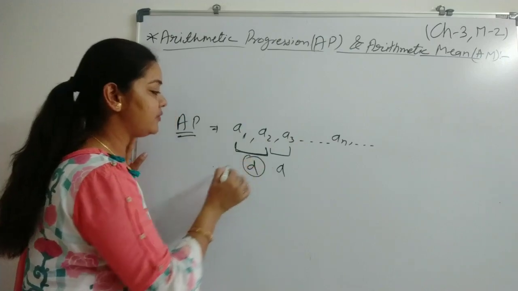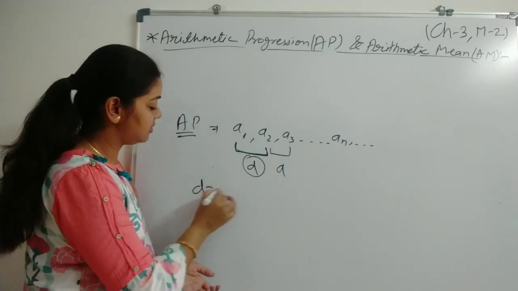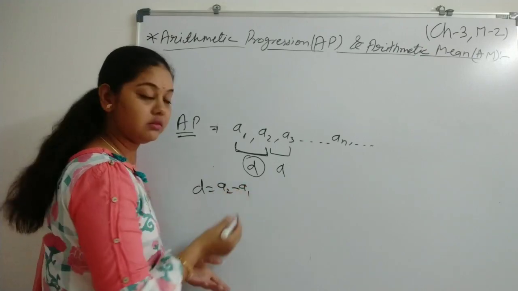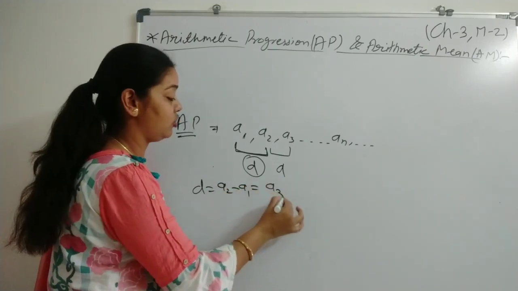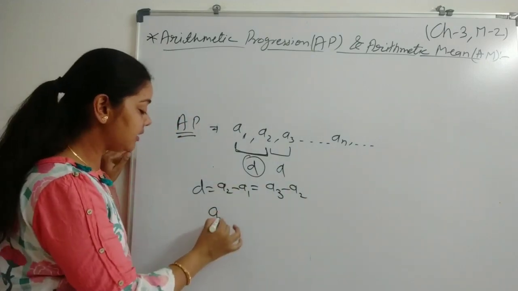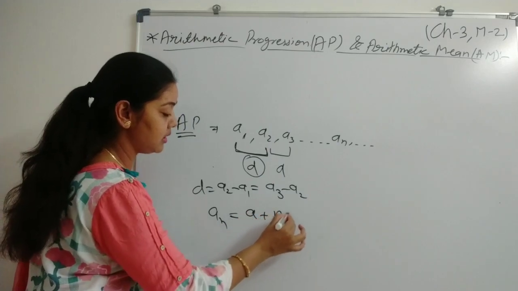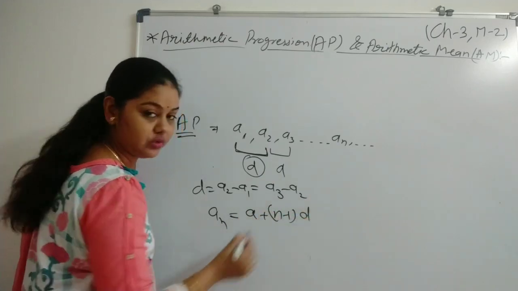This common difference is denoted as d. d means a2 minus a1, or I can write a3 minus a2 and so on. The nth term could be found using the formula a plus n minus 1 into d.